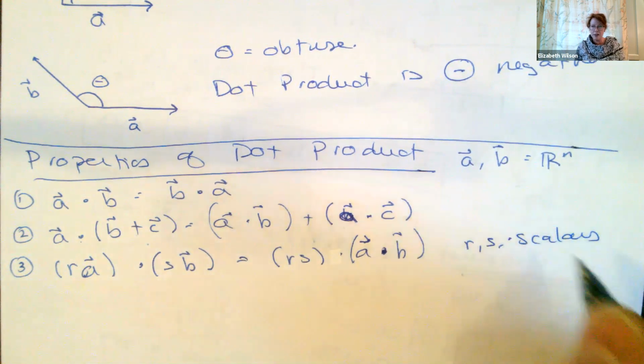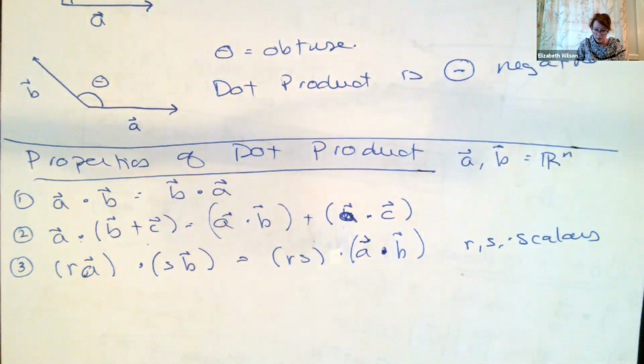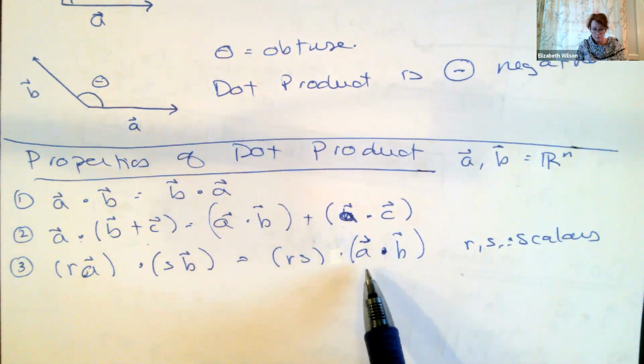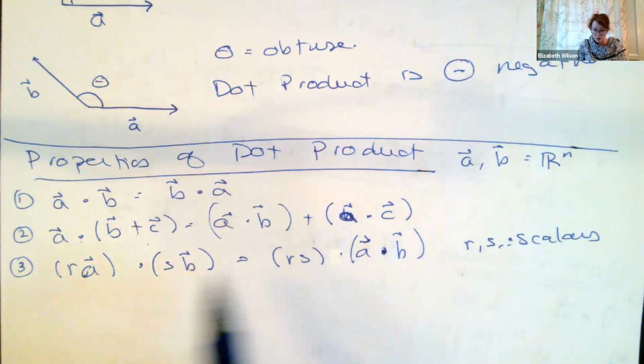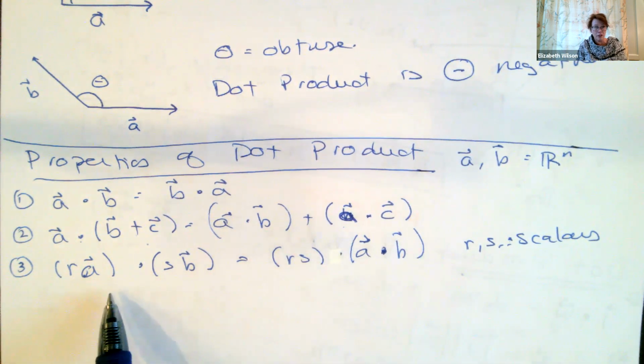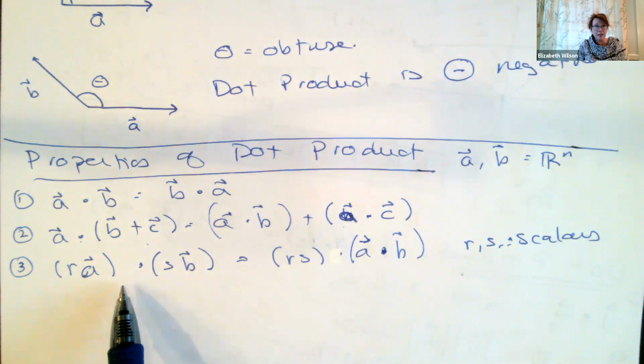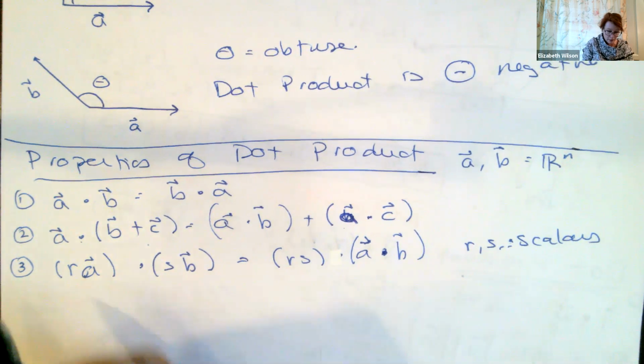So r and s are just scalars. I'm going to multiply r and s, and then multiply that product by the dot product of these things here. So this is more efficient than this one, right? You can think about it as factoring out these scalars, doing the dot product, and then multiplying out those two scalars in the end.